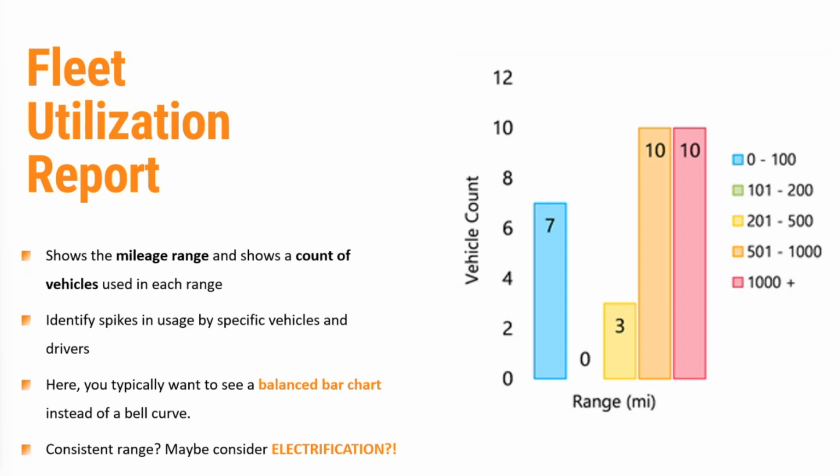So you can run this report daily for a 30-day rolling mileage for vehicles and for your drivers. In this report, you want to see a balanced bar chart indicating a well-stabilized asset utilization.